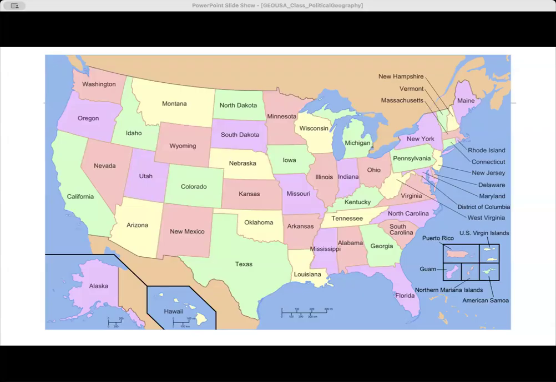So to start off, the 16 states on the East Coast, the original 13 colonies, plus Vermont, West Virginia, and Florida, including Alaska, which was not originally a U.S. territory. The lines for these states were established by European countries first, and they were given borders based on a very limited knowledge of local geography.